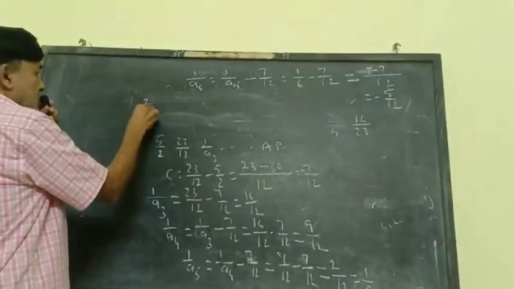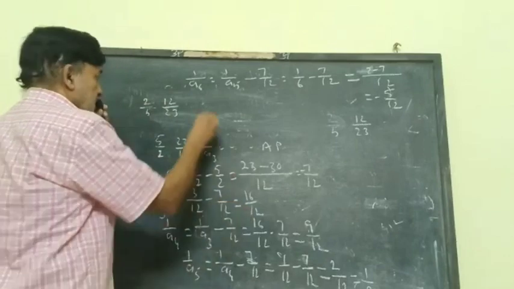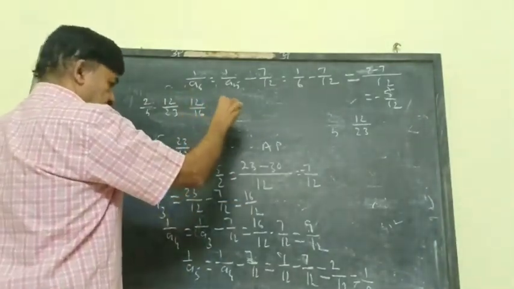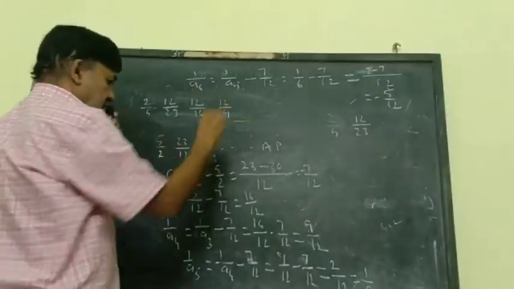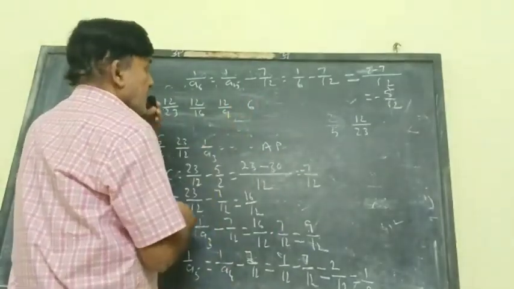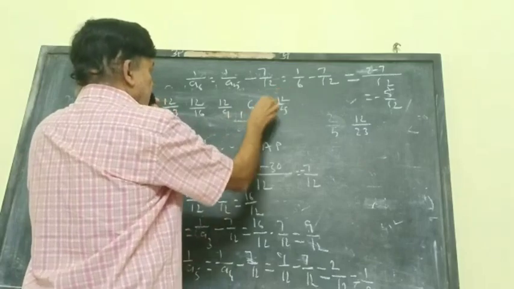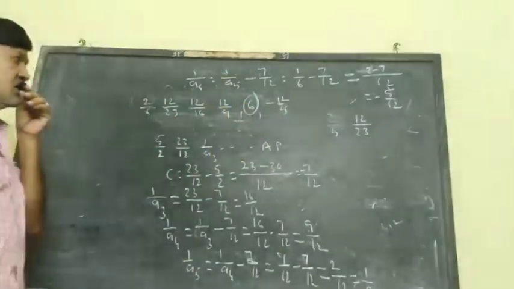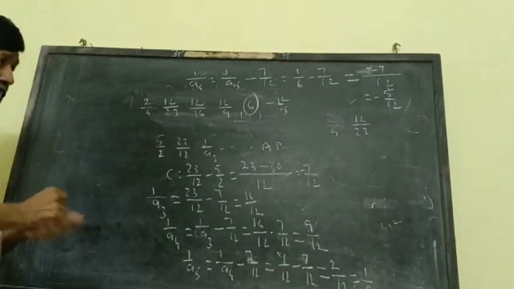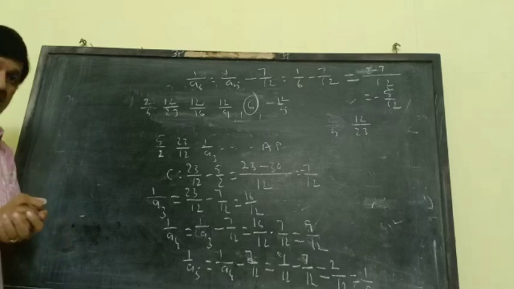So you will get 2 by 5, 12 by 23. Next, what? 1 by A3, 12 by 16, 12 by 9, 6. Next minus 12 by 5. So this is the largest positive term. Among all these things, 6 is the largest positive term which are in HP. This is how you have to think on this problem.